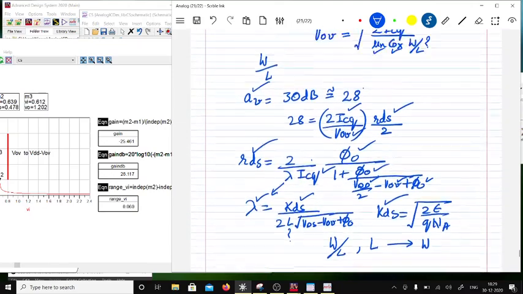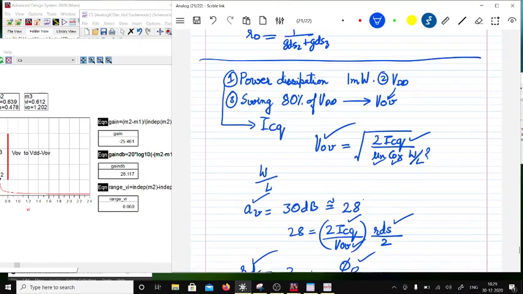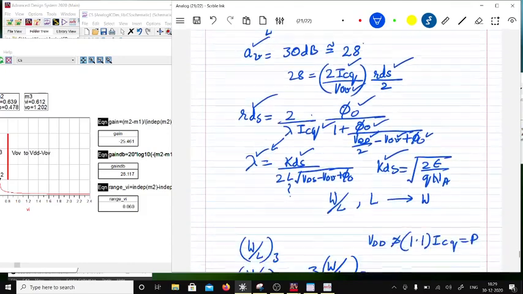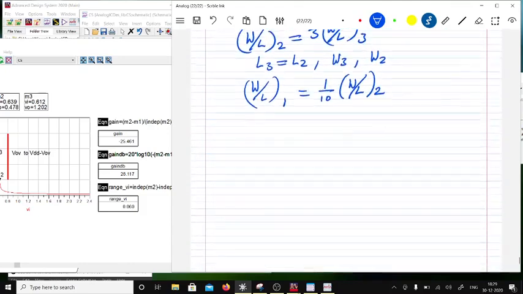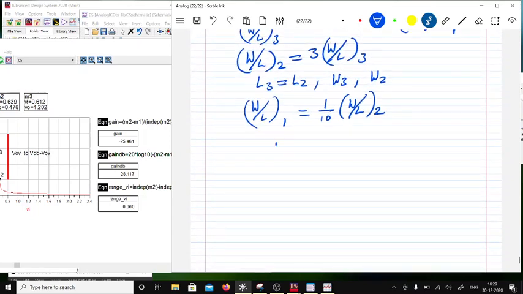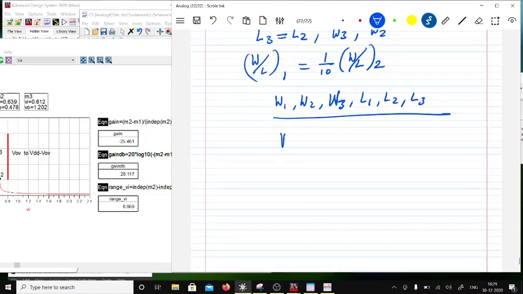So now this is a problem which is called synthesis. So you have synthesized for a given gain and given swing and given power dissipation, you have figured out W1, W2, W3, and then you have also figured L1, L2, L3, and from this you have also found out the bias point is V overdrive 3, which is same as V overdrive plus VT.